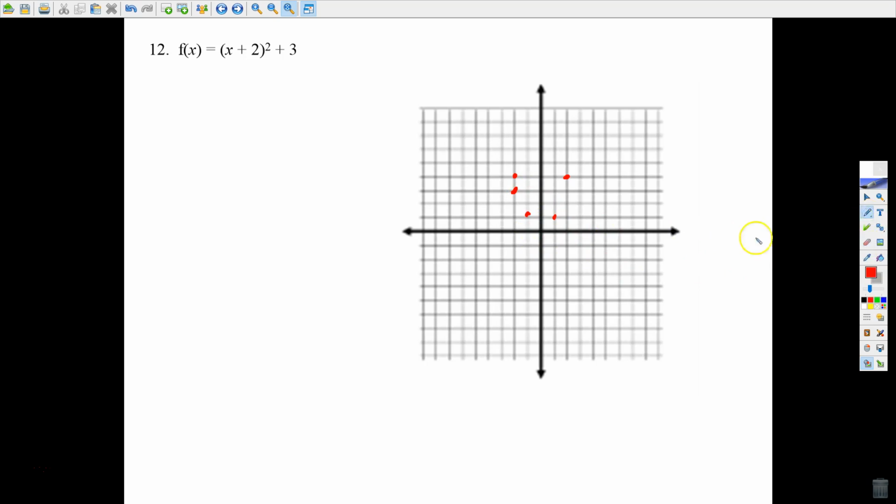Okay, so as I move them, I'll just delete. So starting here, I'm going to go 2 places to the left and 3 places up. Takes care of that one. 2 left, 3 up. Takes care of that one. 2 left, 3 up.